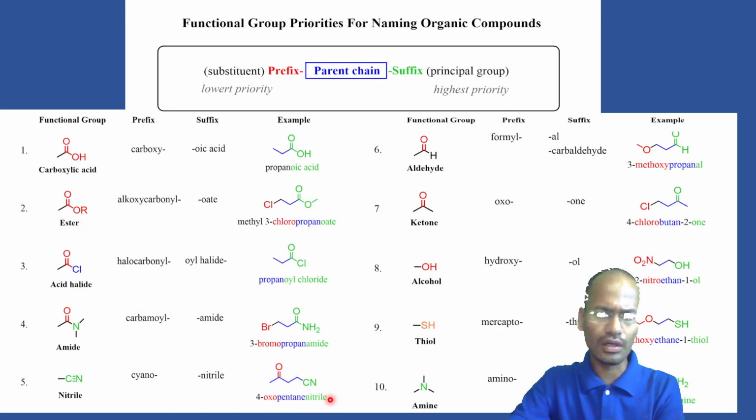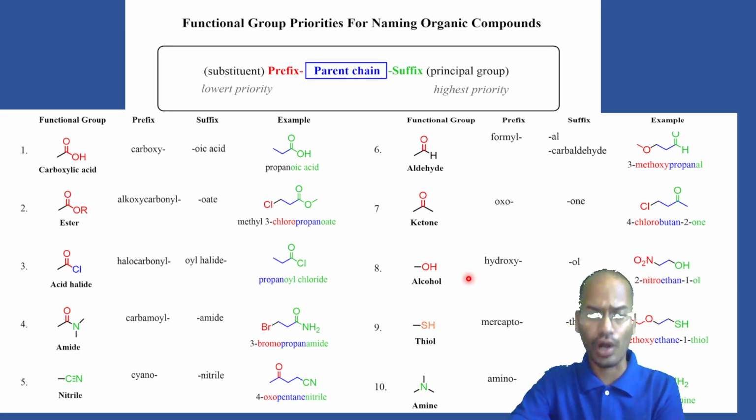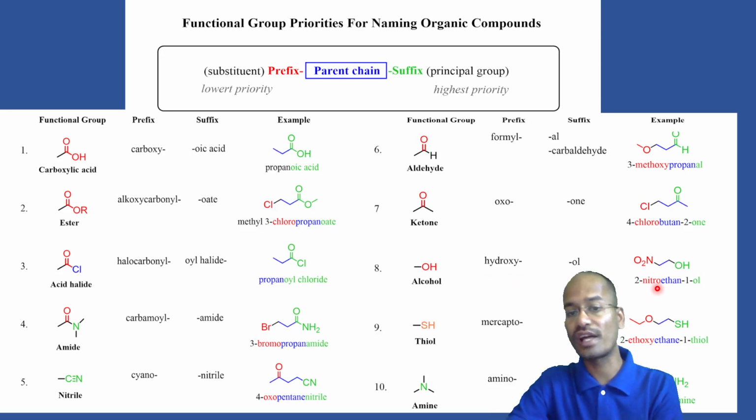So let me take, for example, alcohol. So ol should be the suffix. So 2-nitro. Nitro is nothing but a lower priority group in comparison with the hydroxyl group, that is alcohol. That is the reason why nitro has been added as prefix. And ethane is nothing but two carbons and all single bonds. So eth, ane.